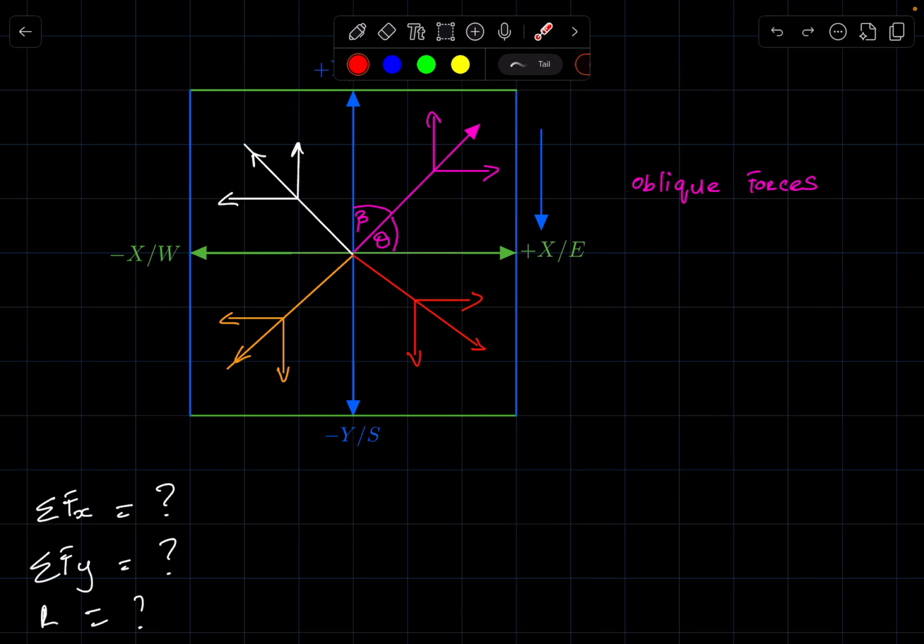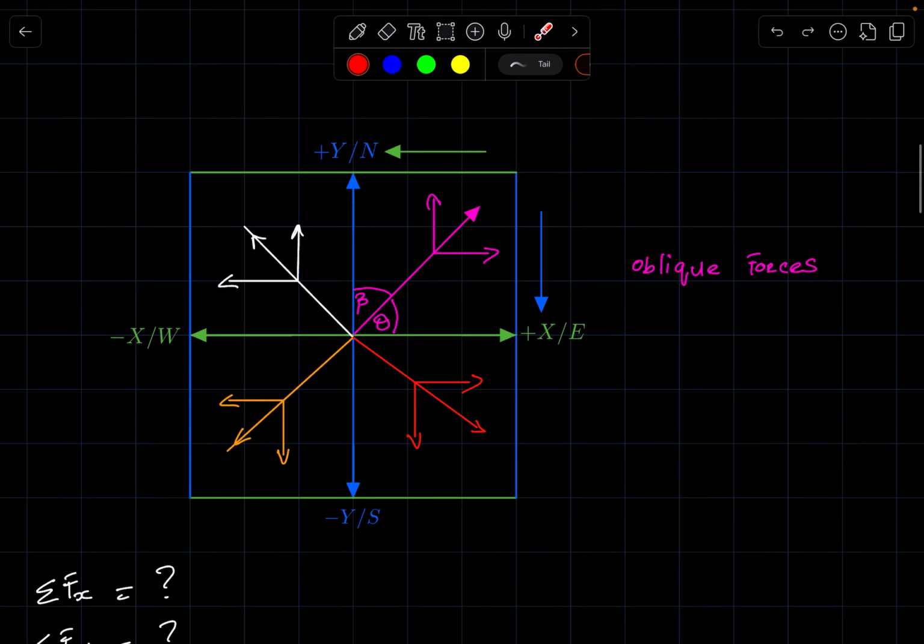So that's number one. Number two, now each of these components are going to be in terms of a ratio, be it cos or sine.